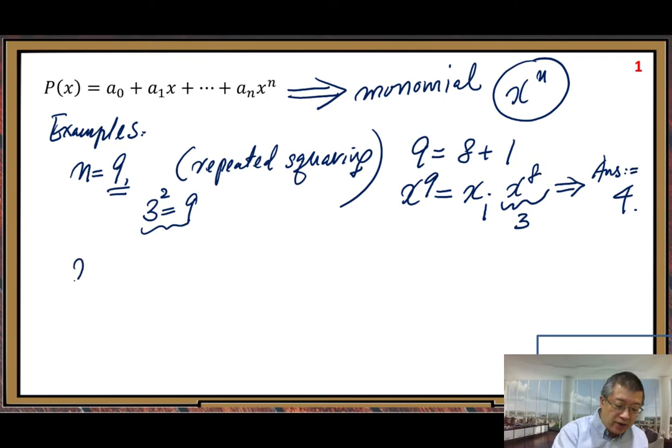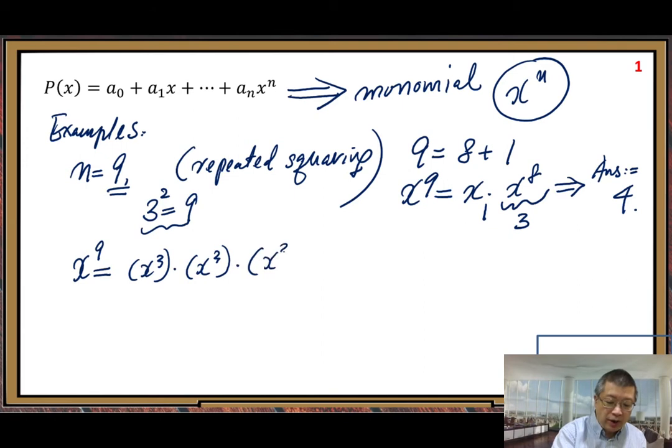So x to the 9th, we can write it as x cubed times x cubed times x cubed. 1 multiplication here, 1 multiplication here. But in order to calculate x cubed, how many multiplications do we need?